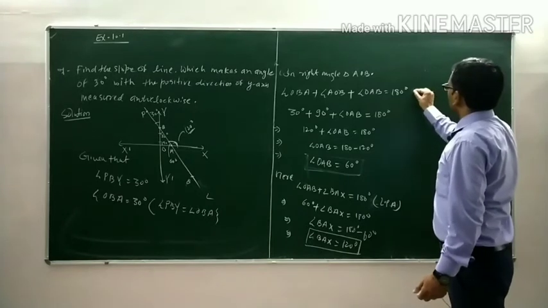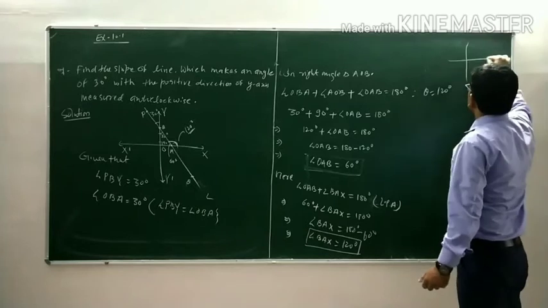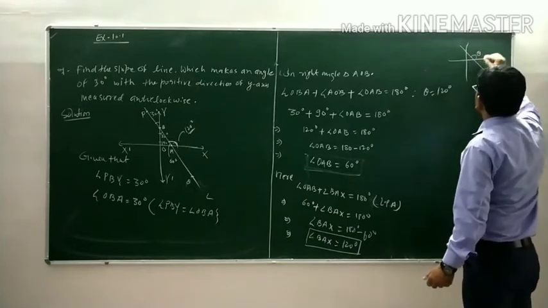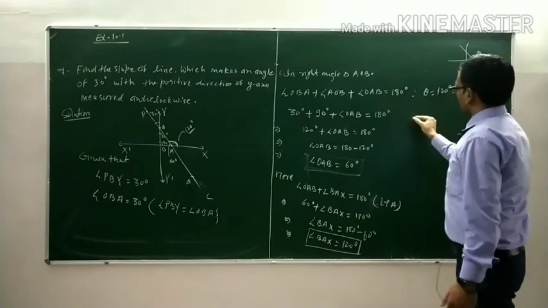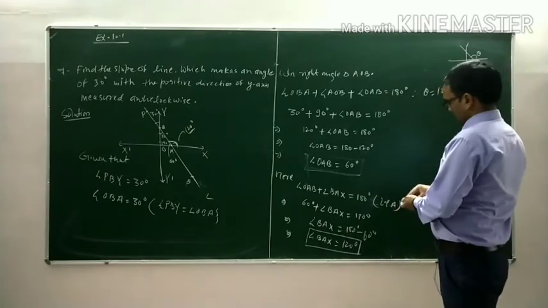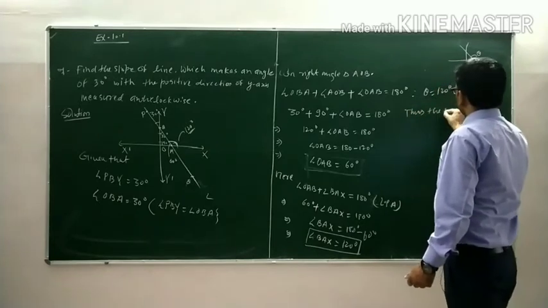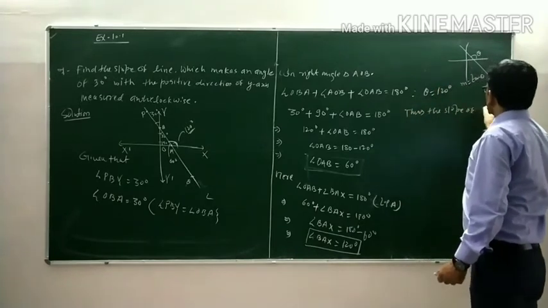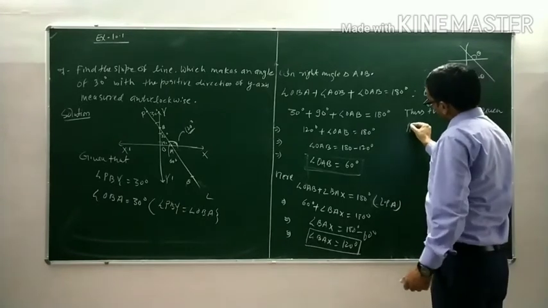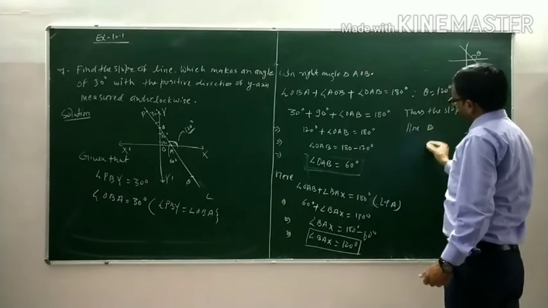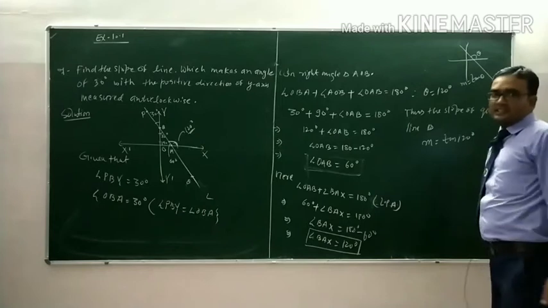Theta is 120. Then using the formula, if the angle is theta, then m equals tan theta. Thus the slope of the given line is m equal to tan 120.